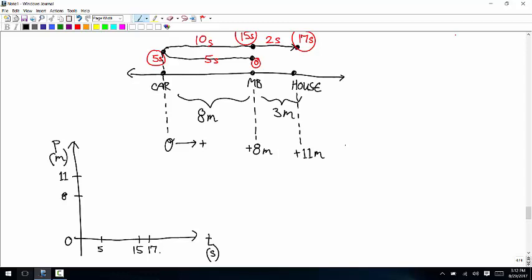At time equals 0, what position is the man at? 8. At time 5, what position is the man at? 0. At time 15, what's the position?